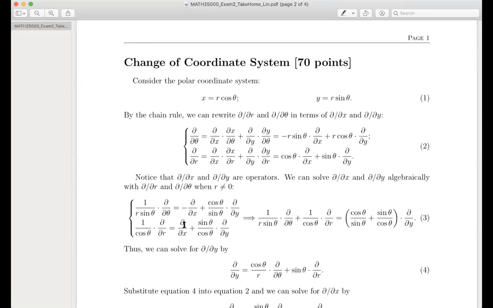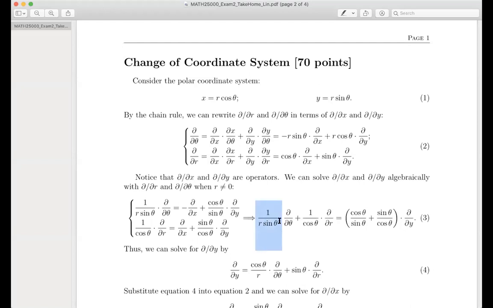So you can eliminate the first variable, partial over partial x, when you do the algebra trick of putting r and sine theta into the other side of the equation.